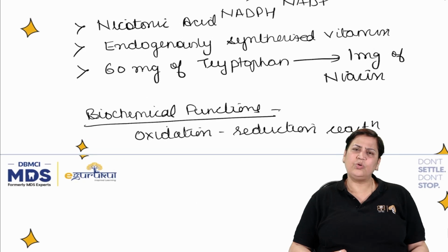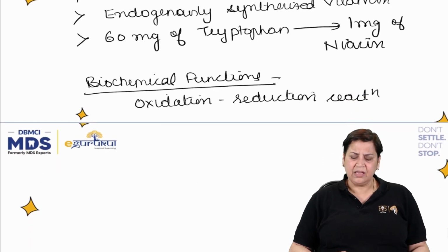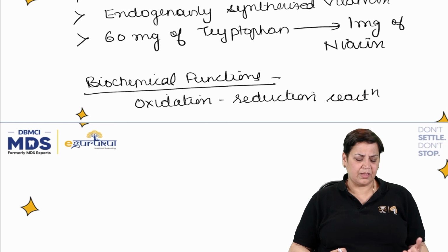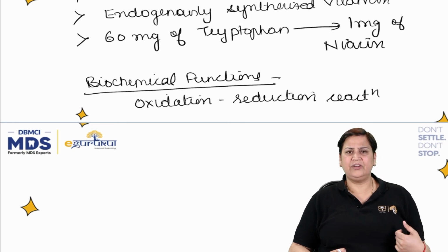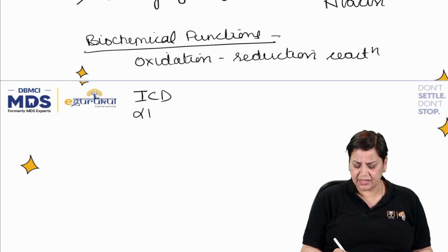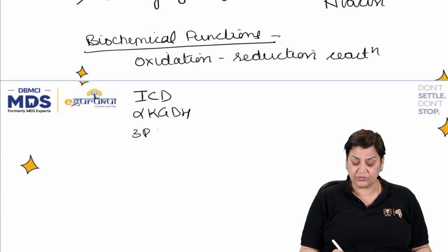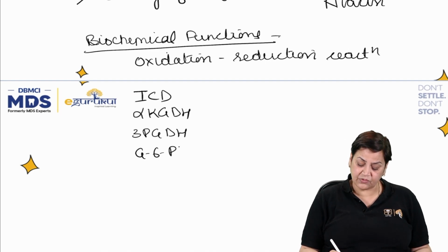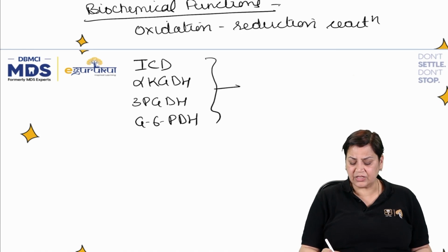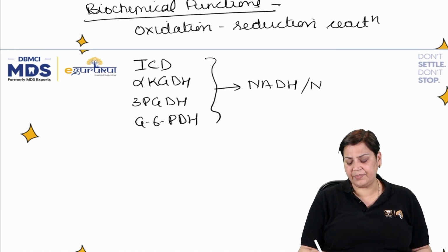If I have to name a few, it's like isocitrate dehydrogenase, alpha ketoglutarate dehydrogenase, then 3-phosphoglycerol dehydrogenase, glucose 6-phosphate dehydrogenase. So many are there which use NADH or NADPH.